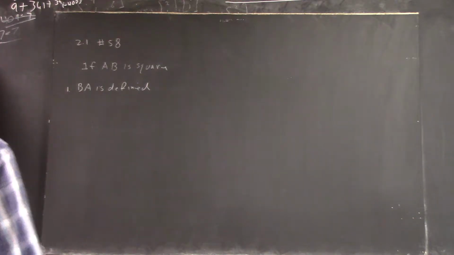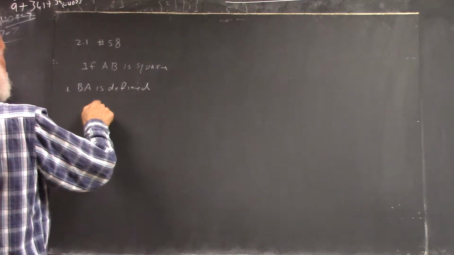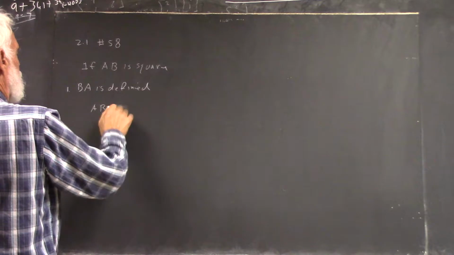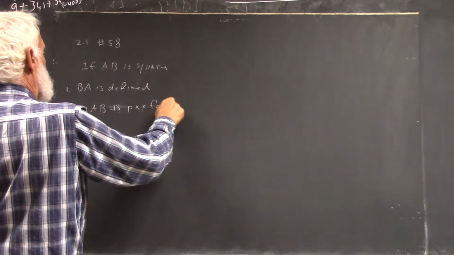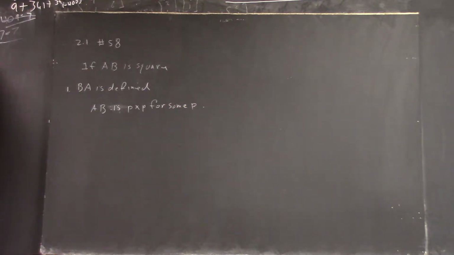Okay, so if AB is a square matrix, then AB is P by P for some P, right?